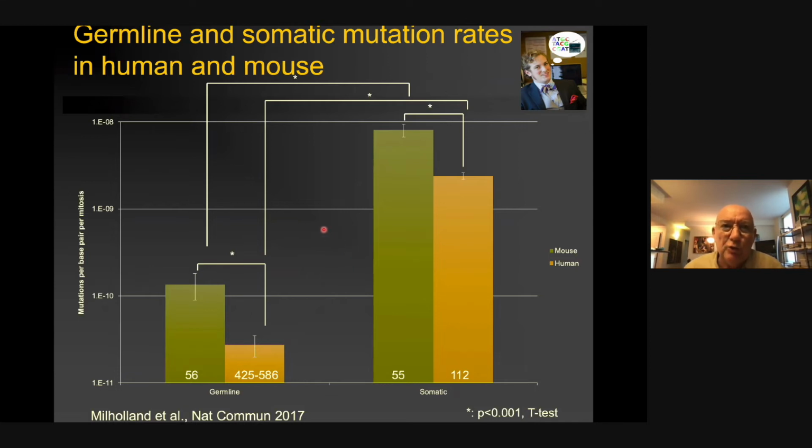Now, if you look at germ cells, the germline versus the somatic mutation versus the soma. In this case, we did that, students in the lab, Brandon Milholland. And in humans, it's actually not so difficult to do because you can simply compare offspring and parents and basically count the number of de novo mutations that you see.